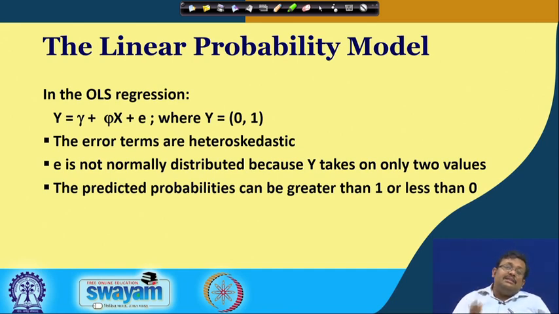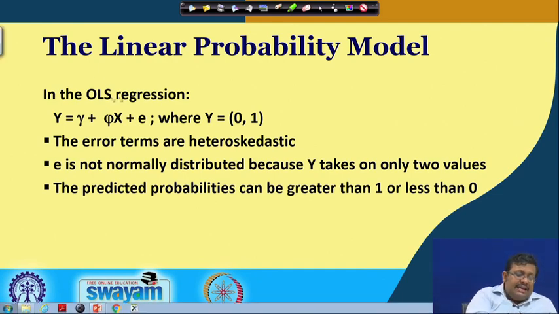And the error term is heteroscedastic. So, you can see here y can take only 2 values. So, if we use a linear prediction model, the error will not be normally distributed because y takes only 2 values.